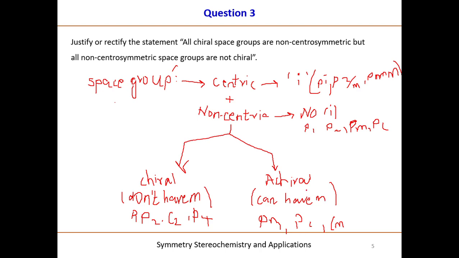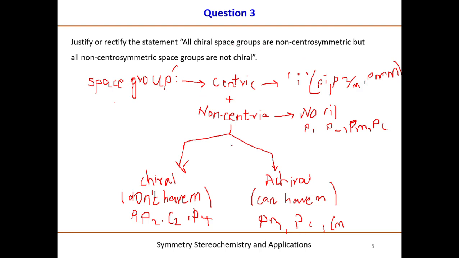Because chiral space groups don't have a mirror plane, they come under space groups like P1, P2, C2, P4, P222, etc. While achiral ones come under PM, PC, CM, PMM, PCA2, PNA2, etc. space groups. Because the question's first sentence was that all chiral space groups are non-centrosymmetric.